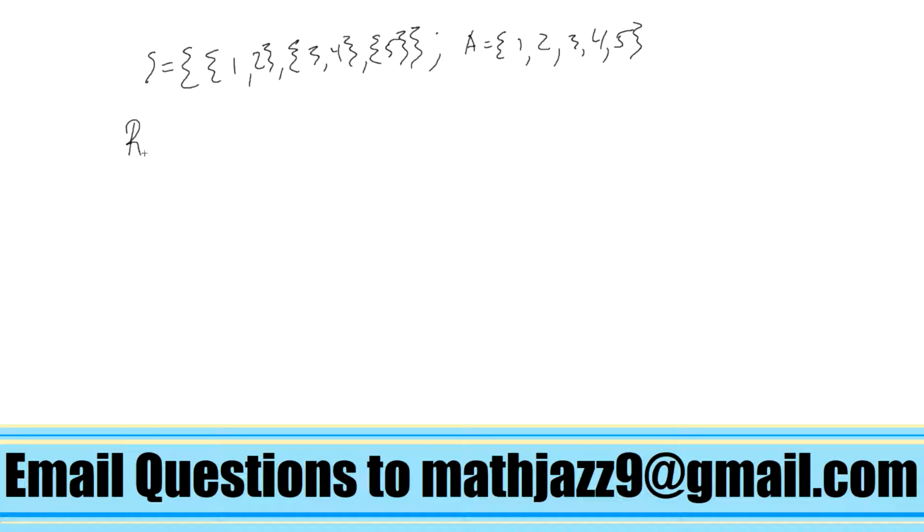Now we know that R is defined as A is equivalent to B if there exists X in S such that A and B are in X. So they have to be in the same set. Like 1 is related to 2 because there is a set that they're both in, but 1 is not related to 3 because 1 isn't in the same set as 3.